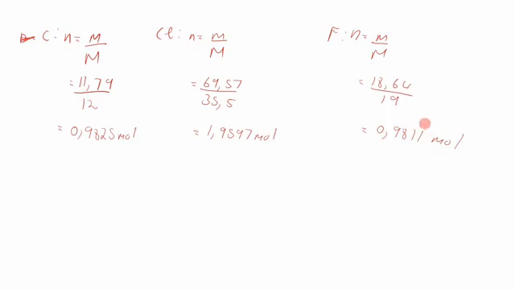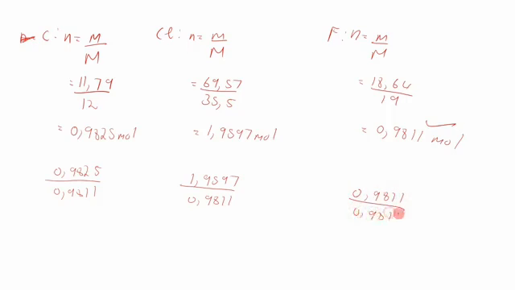So we can all agree that the smallest number of moles is the one for fluorine. So we'll have 0.9825 divided by 0.9811. And then here we have 1.9597 over 0.9811, and then here 0.9811 over 0.9811.